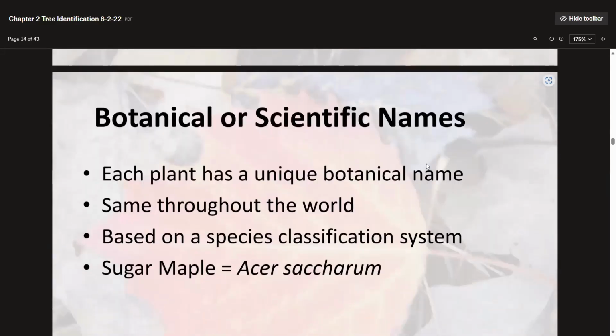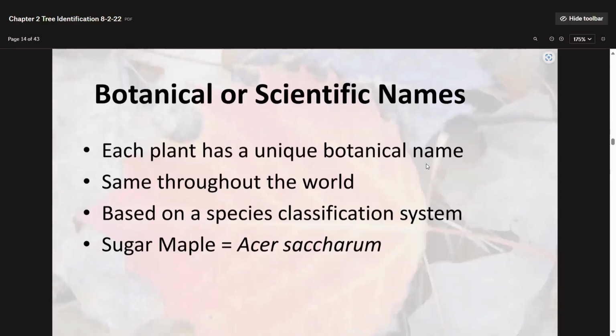So by botanical or scientific names, each plant has a unique botanical name. It's the same throughout the world. So sugar maple is an Acer saccharum. It's an Acer saccharum in Australia. Good day, mate. How about that Acer saccharum? In Spain, it's the same thing. Hola. Whatever.